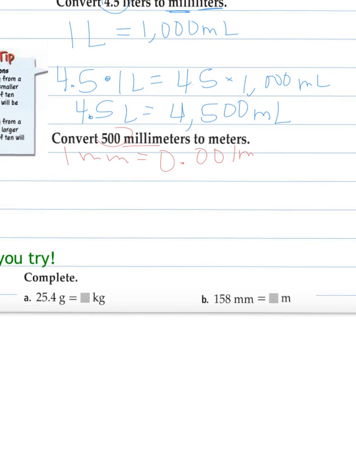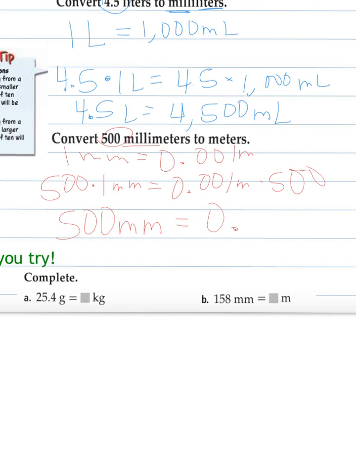Just like we did last time, now we multiply both sides by 500. So 500 times 1 millimeter equals 1,000th of a meter times 500. So 500 millimeters equals 5/10 of a meter.